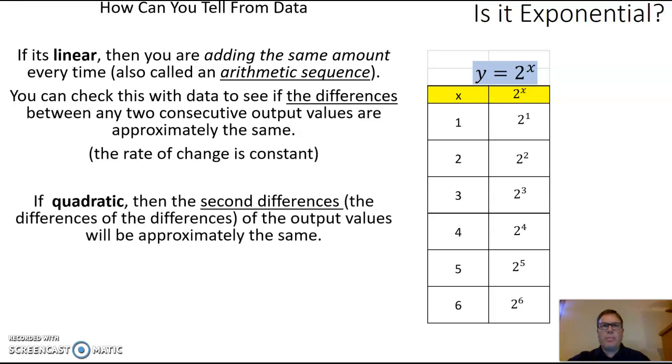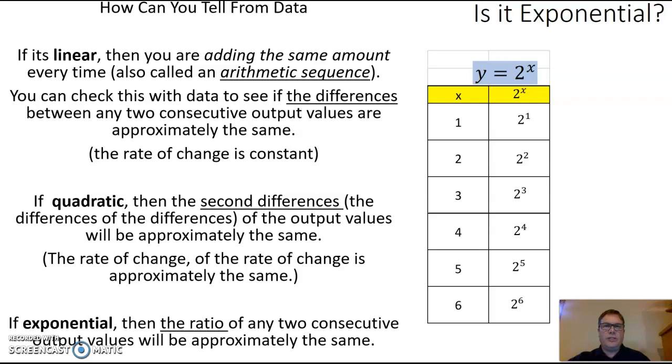Now quadratic is kind of an interesting deal. If they're not the same the first time, so if they are, it's linear. If they're not, and you take the differences of the differences, sometimes called the second differences, if they're the same, it turns out it's a quadratic relationship or a quadratic function.